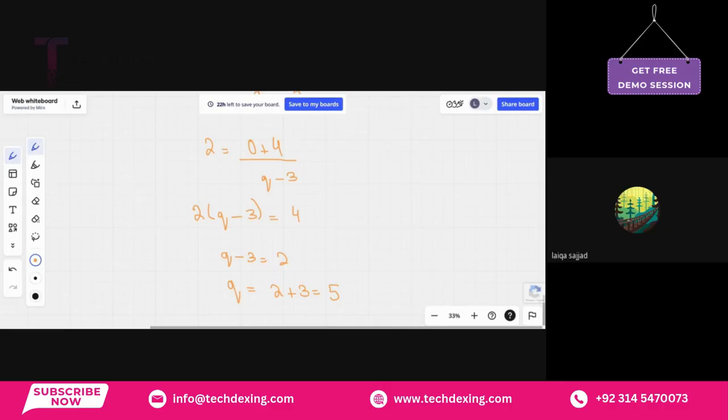Now if we look at the next question, we are given 3 points. This time the points are X, Y, and Z, and they are collinear. It means that they lie on the same straight line. We have to find the value of one of these coordinates.